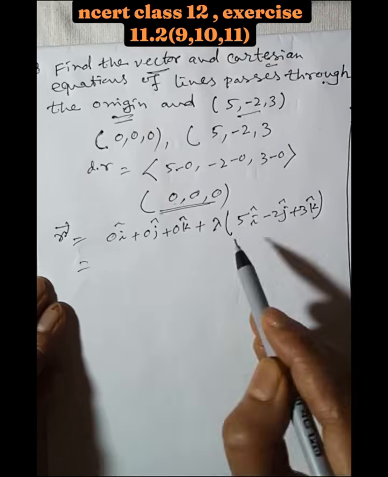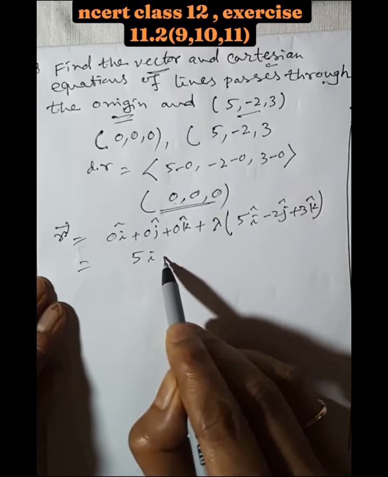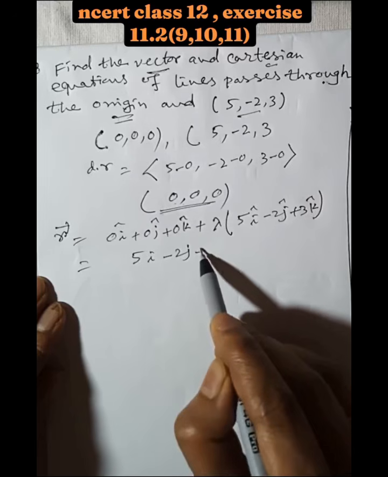So the vector equation of the line is r = lambda(5i - 2j + 3k).